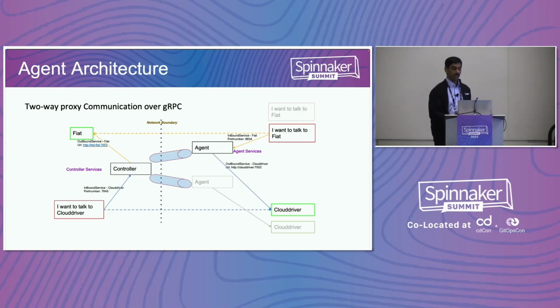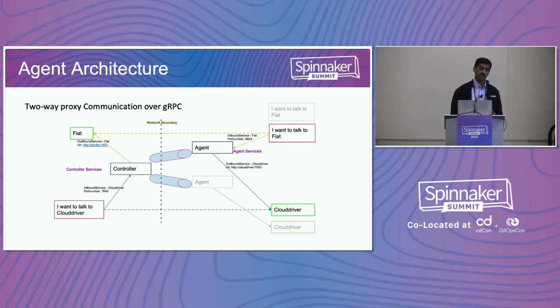Because it's a tunnel, it can be like a service mesh with a single instance. It would say Fiat, go through the agent to the controller, and on the Spinnaker side it can talk to Fiat and get the same response. This agent controller model is written in Go, with a very small footprint and very fast startup times.